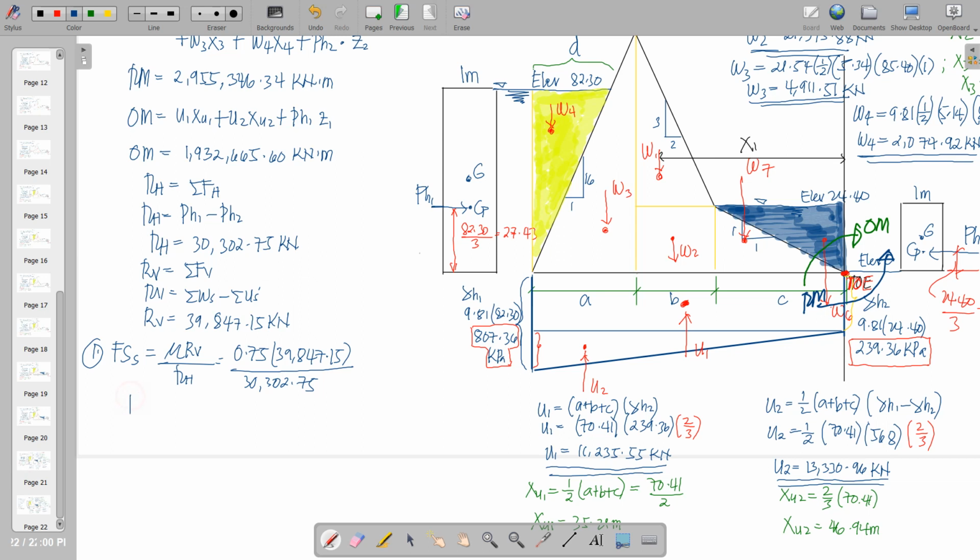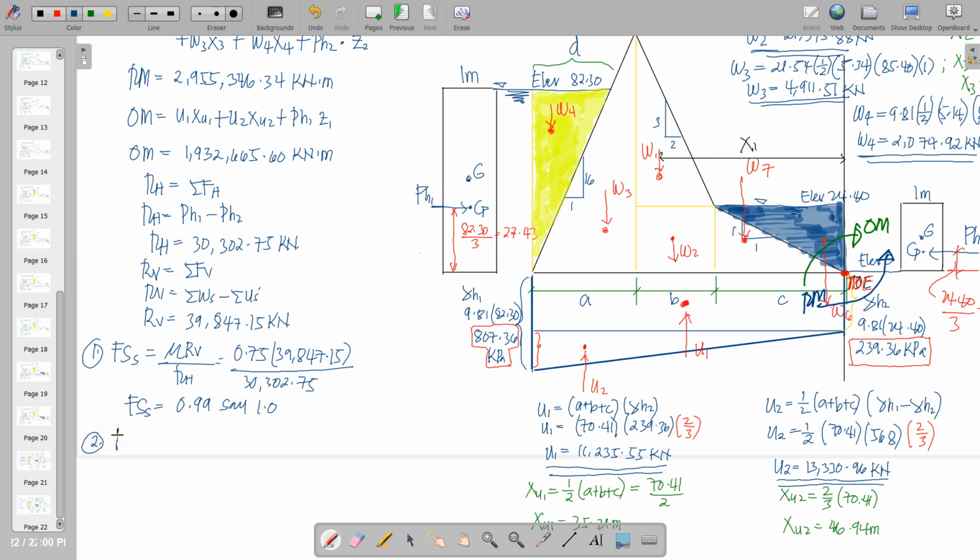Therefore, the factor of safety against sliding will yield 0.99. Say this is 1.0.